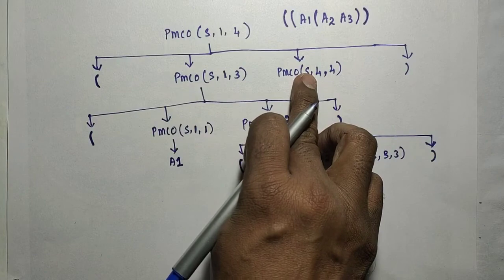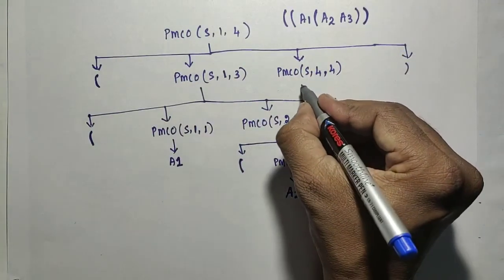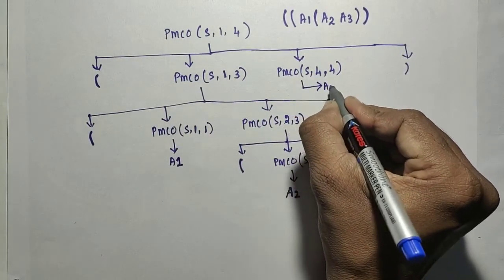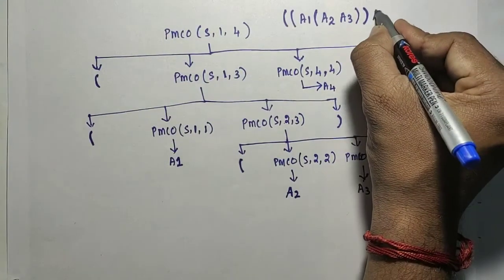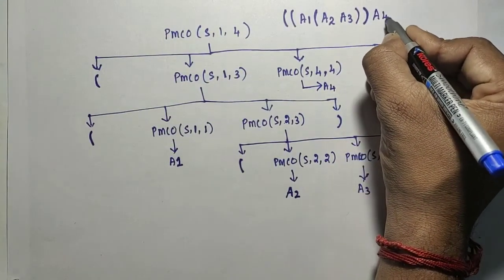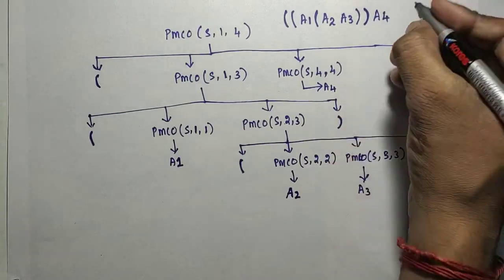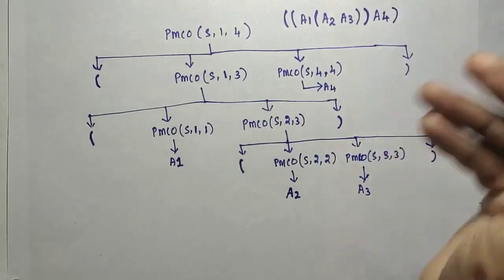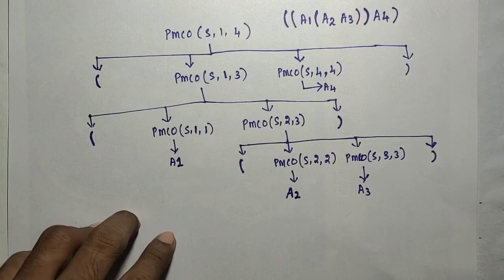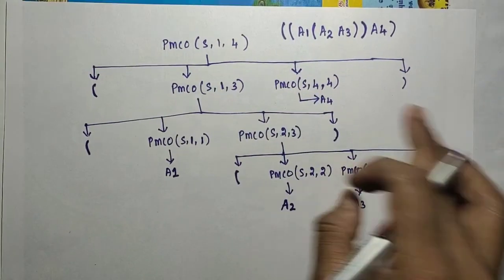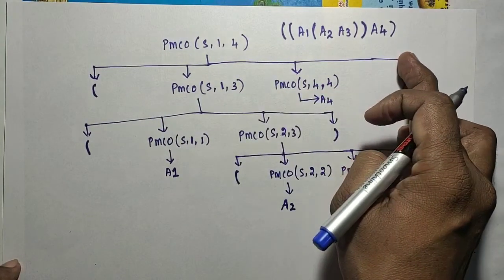The next, 4 comma 4 means it will print a4, correct? So this a4 will be printed on the screen. Okay, a4. Then finally this close parenthesis will be printed. Okay, so your expression will be like this. This is your final expression.